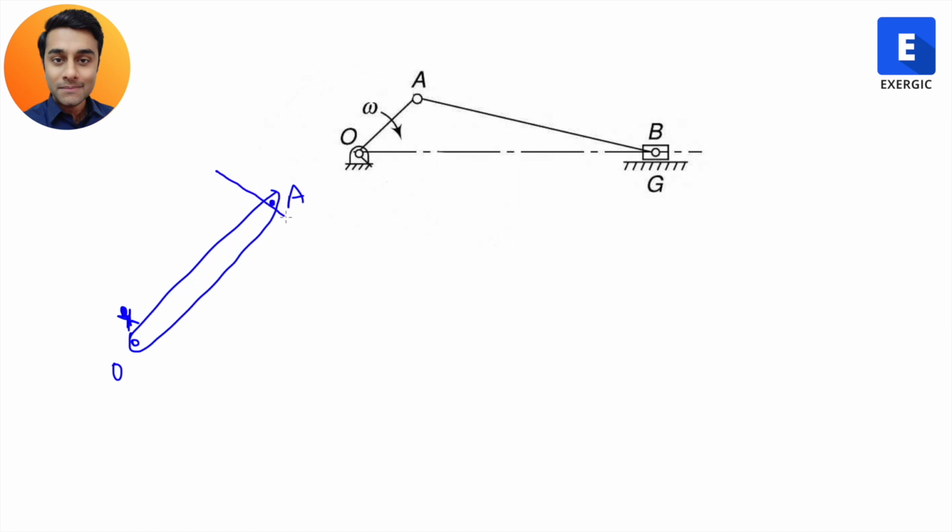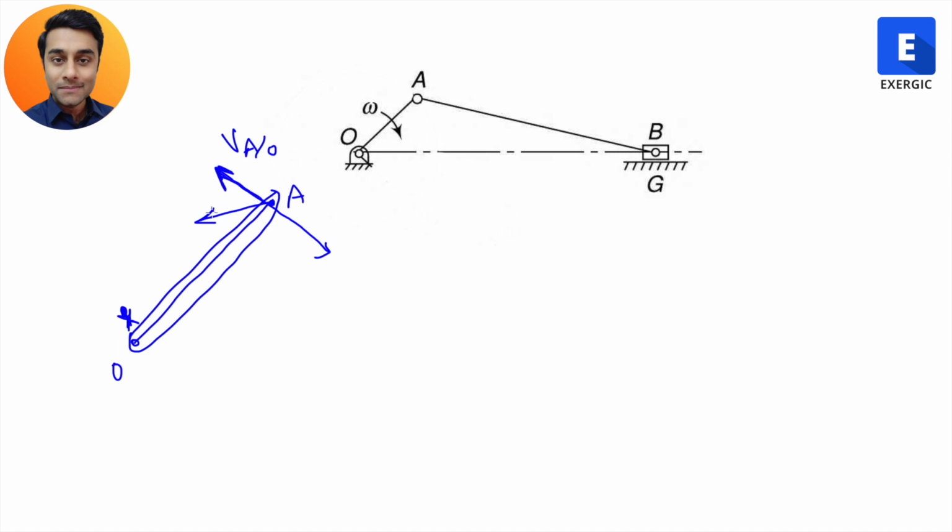So the only possible direction for point A to move with respect to O is perpendicular to OA, because in that case the velocity component along OA will be zero. It is 90 degrees, cos 90 is 0, right? And remember, it is not the absolute velocity of A, it is the relative velocity of A with respect to O. It is possible that A may be moving in some other direction, but when you sit on O, it will look as if A is going only in this direction.